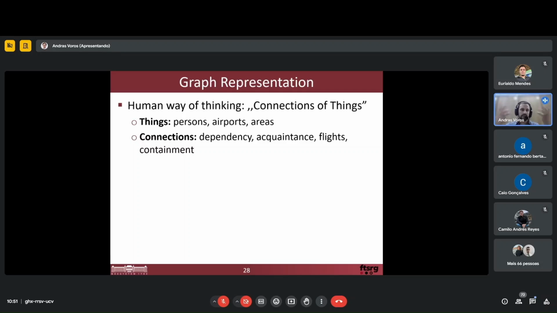Actually, humans use these graphs because the human way of thinking is connecting things. Things can be anything in our minds: persons, airports, areas, anything, and we like to make connections between things. That can be dependency, or the acquaintance connection between persons. It can be some kind of containment, but anything in our mind.